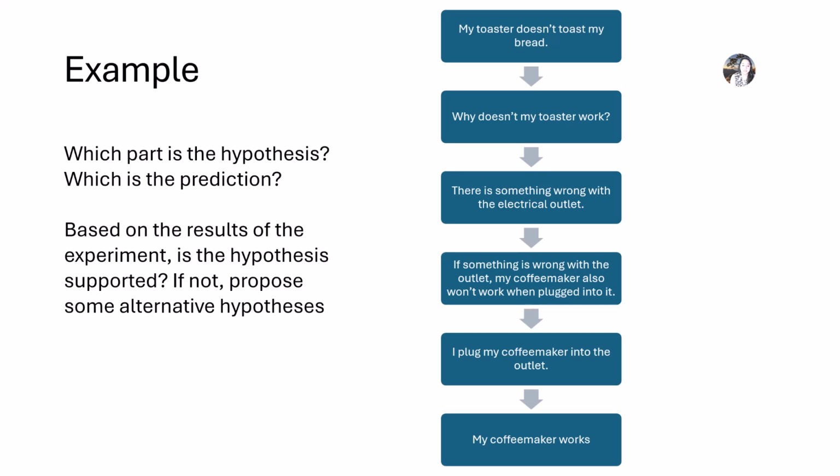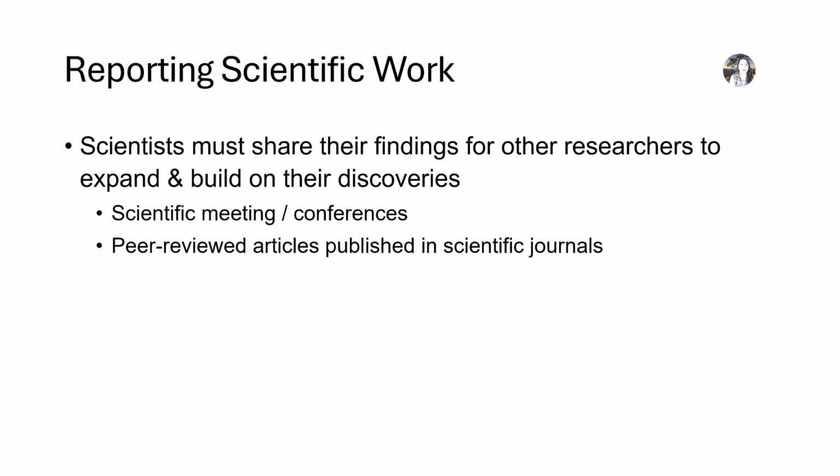So in science, when you're doing scientific work and experiments, scientists must share their findings so that other researchers can also find out what they learned about something and can expand and build on their discoveries. Scientists share their findings at scientific meetings or conferences, and also through peer-reviewed articles published in scientific journals. Some scientific meetings and conferences happen annually, where a specific subdiscipline will present all their work.